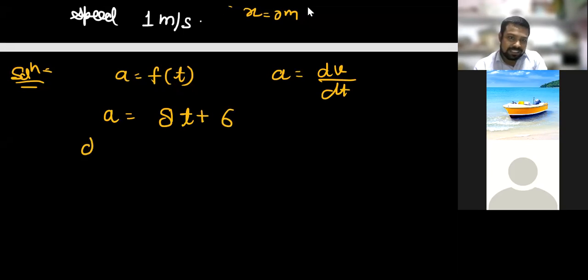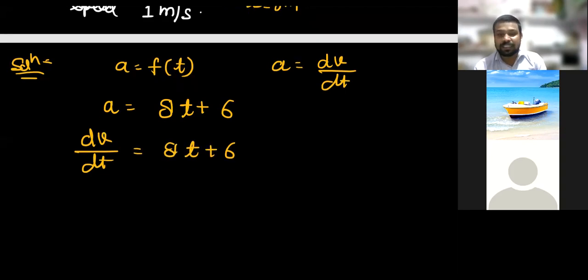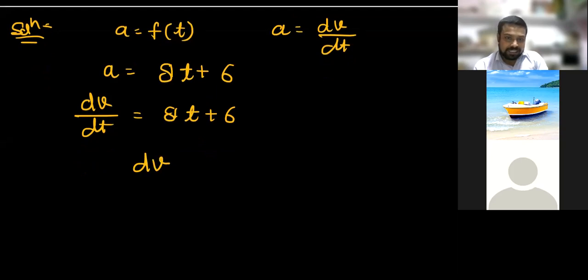So put the value: dv over dt is equal to 8t plus 6. Taking a cross multiplication on both sides, dv is equal to 8t plus 6 into dt.